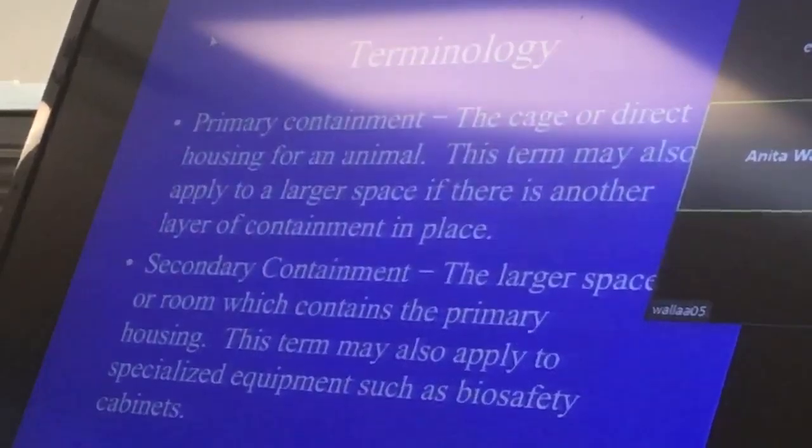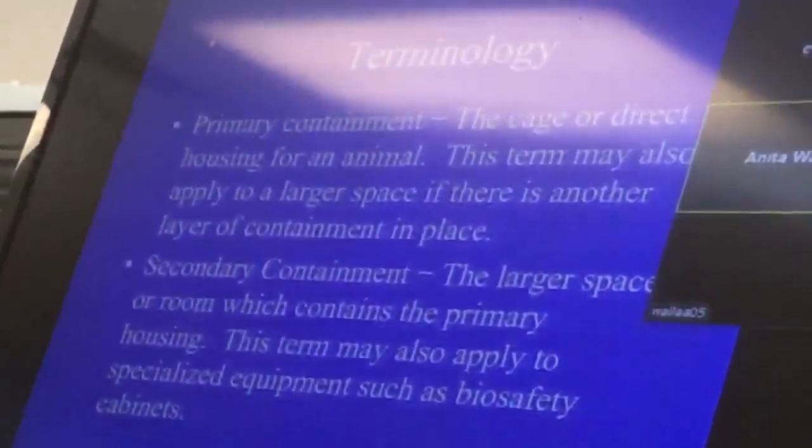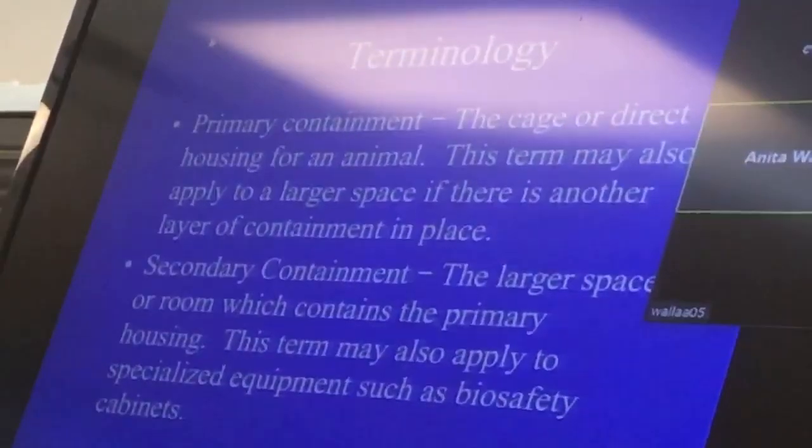Other terminology you want to be aware of when you talk about a facility is the type of containment. So there's primary and secondary. The primary containment is the cage or direct housing of animals. Compared to secondary containment, that's a larger space or room that contains the primary housing.